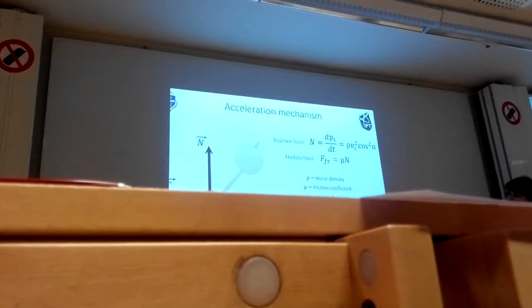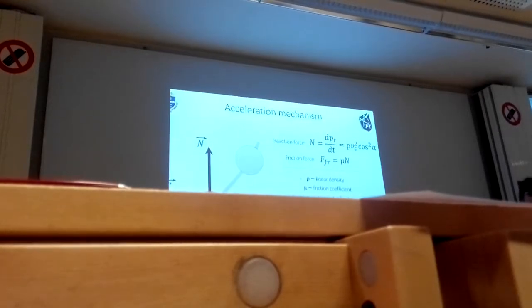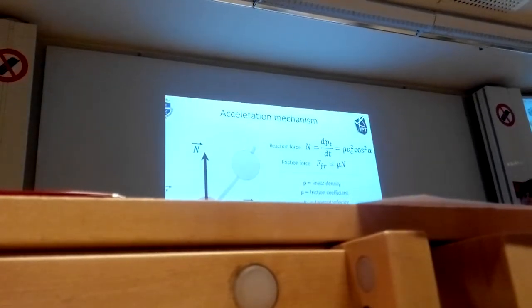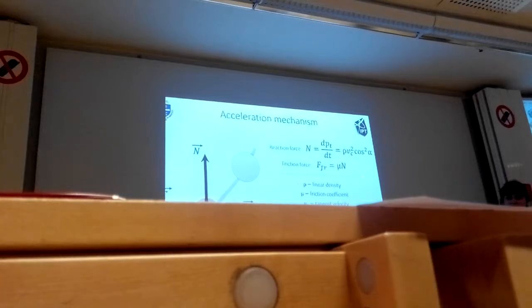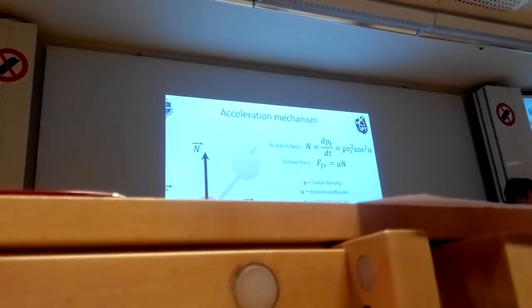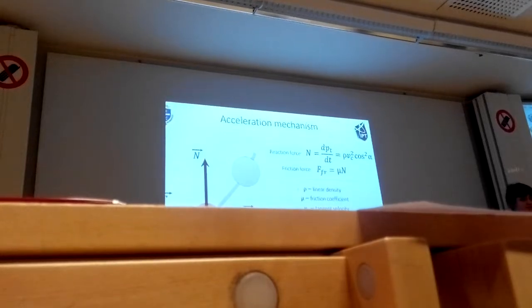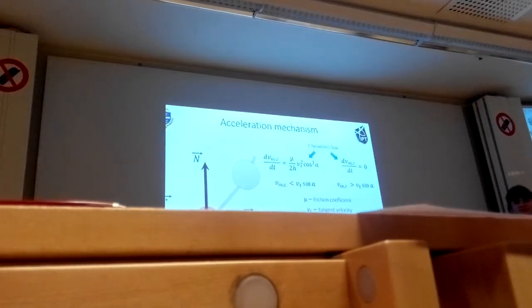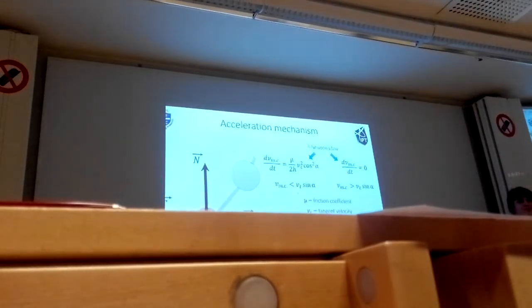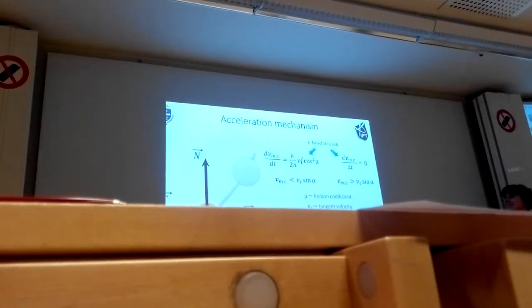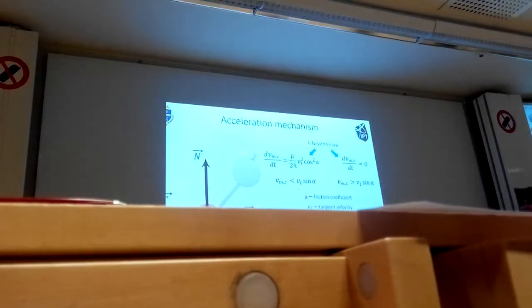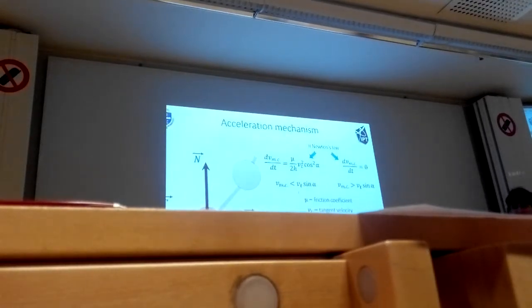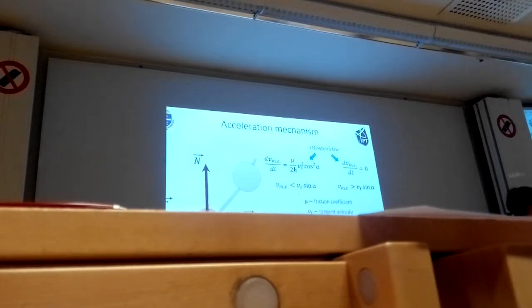The reaction force we defined as the bead's momentum change, and knowing the friction coefficient, we can find the friction force, and we can write Newton's second law. As we see, the chain accelerates when the mass center velocity is less than the horizontal projection of the tangent velocity.